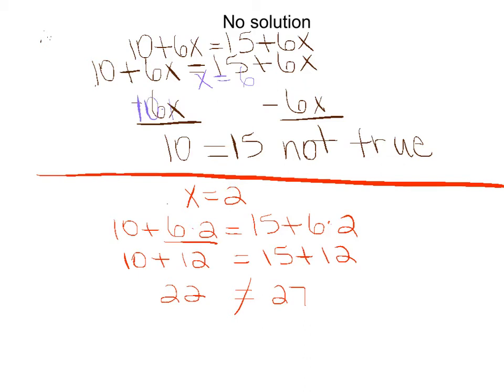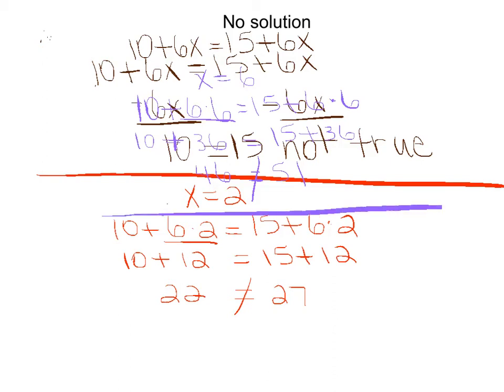If I have 10 plus 6 times 6 is equal to 15 plus 6 times 6, that is 36 plus 10 equals 15 plus 36. 46 does not equal 51. No matter what I put in for x, this equation will never be true.